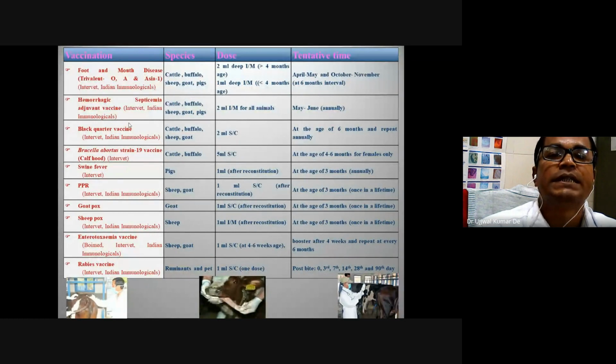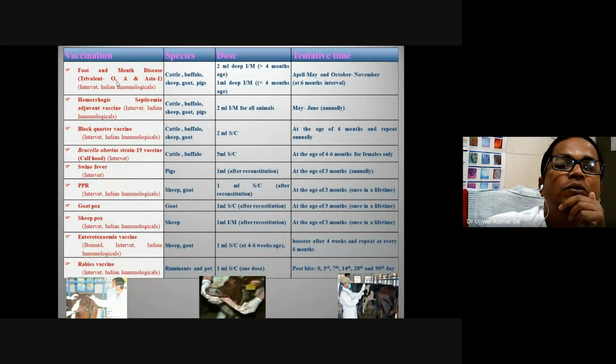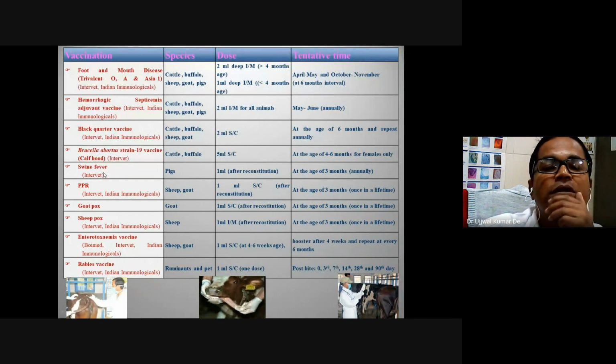Then depending on the vaccines, cattle are vaccinated for foot and mouth disease and black quarter. In a dairy herd, we go for HS, and in sheep, black water also sometimes. Then in case of pigs, three types of vaccines we give: swine fever, and others. PPR and sheep pox in sheep and goat farms.